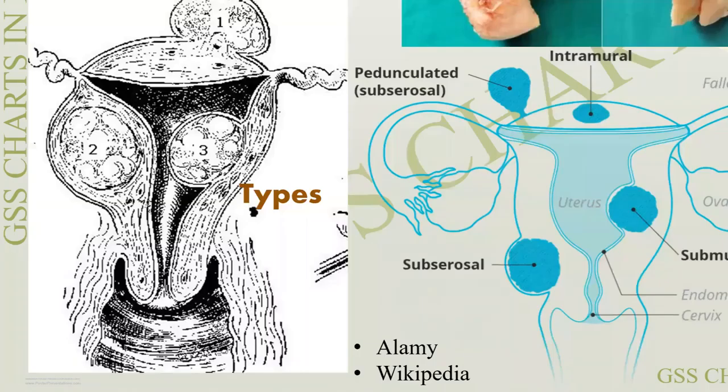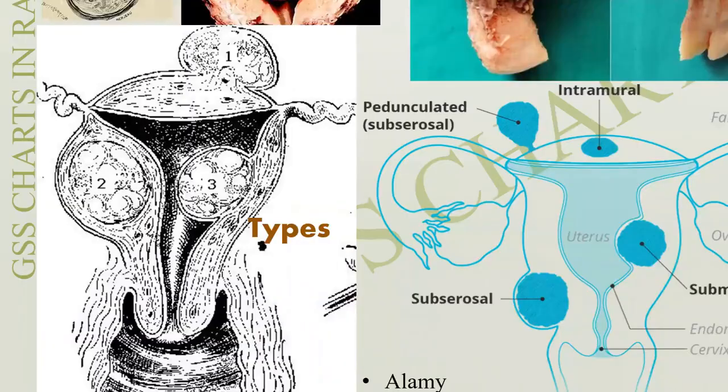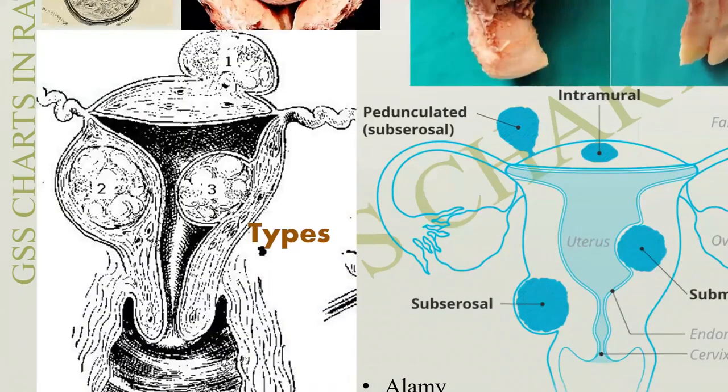The same thing is very well described in a diagrammatic form, which I would like you people to kindly draw in your records. Look at this again, a triangular or a pear-shaped uterus. This is the uterine cavity, the endometrium over here, and this is the myometrium. These are the couple of fallopian tubes on either side.